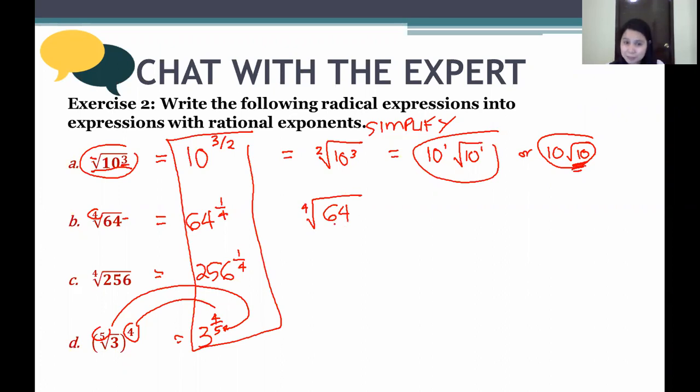Let's find a number that when we multiply it by itself, the answer is 64. Remember, 4 times 4.